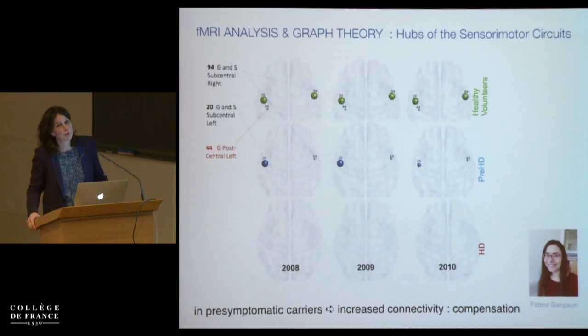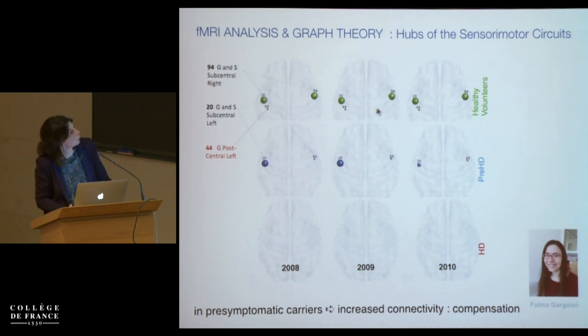And the other thing is if you do functional MRI, and this was done by Fatma under the supervision of Stéphane Lehéricy, you can see which parts of the brain are more connected than others in a resting state. So it's just activity of the brain at rest, and you see where the small worlds are, which are more demanding than others.